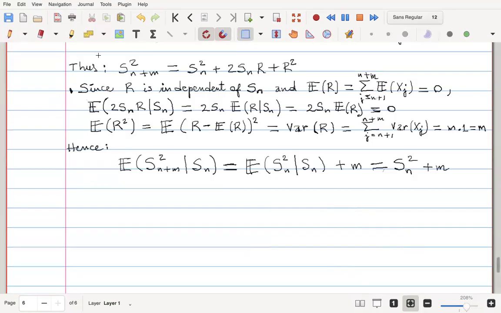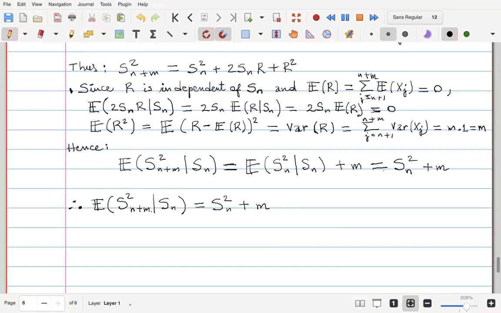So that's the conclusion. We conclude here that the conditional expectation of S_{n+m} squared given S_n is equal to S_n squared plus m. In other words, what does that show us? If I take this inside, because this is deterministic, I can take it inside.